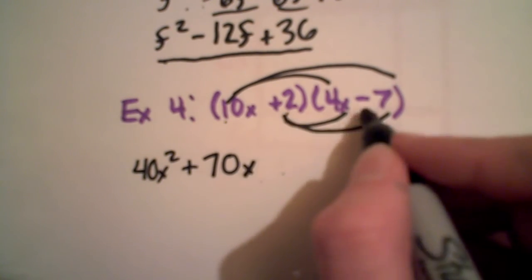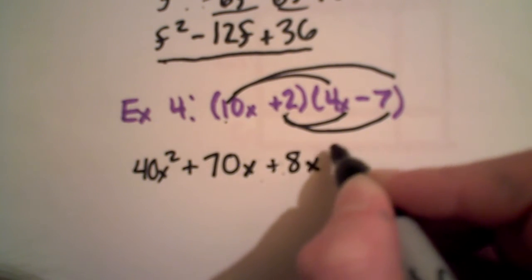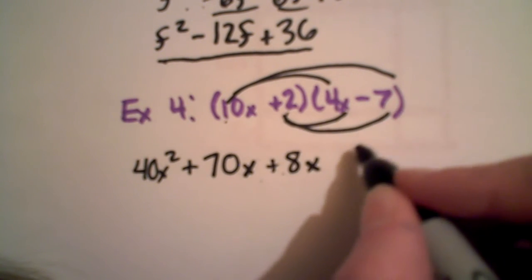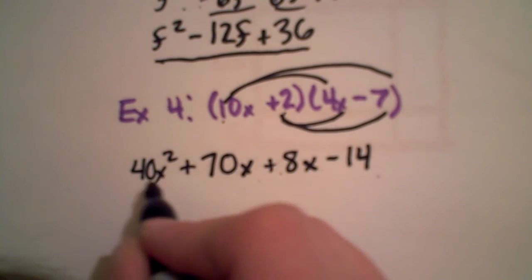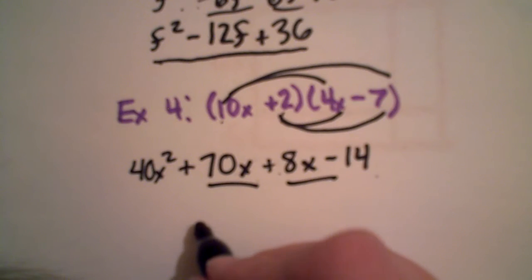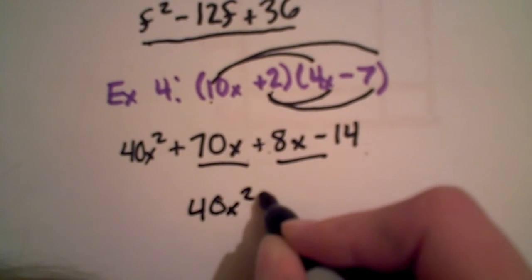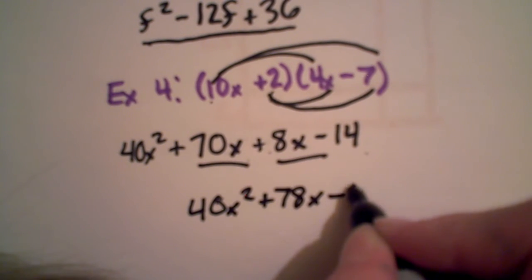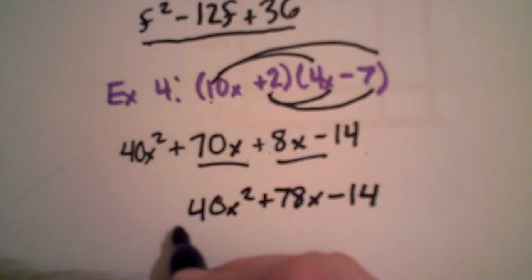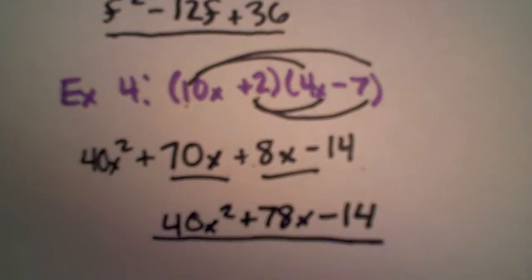And then inner plus 8x, and then the last term, which is minus 14. And then these can combine, so 40x squared plus 78x minus 14. We've got a trinomial here, and that is the correct answer.